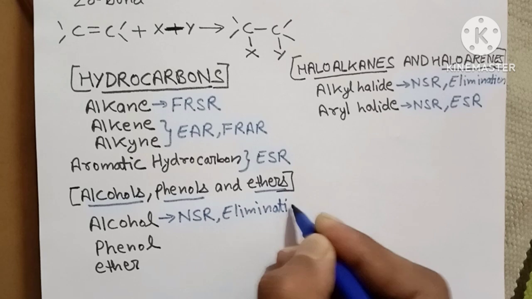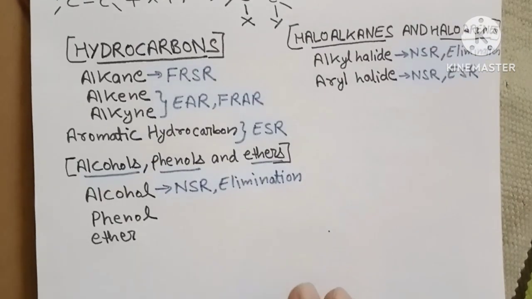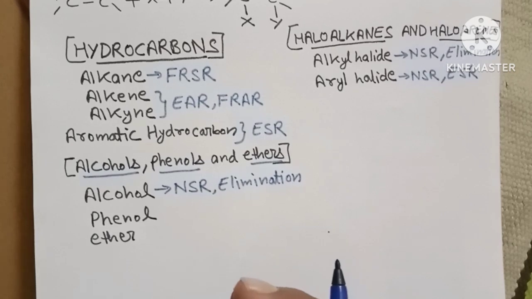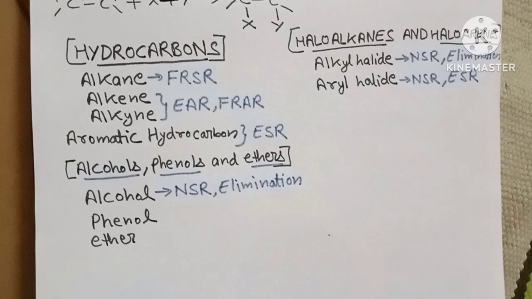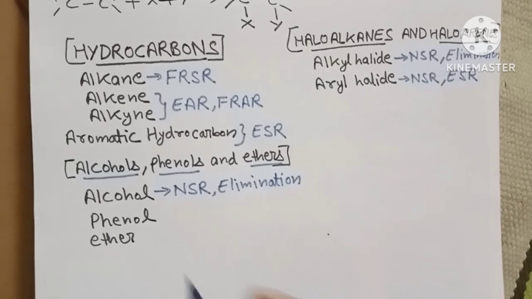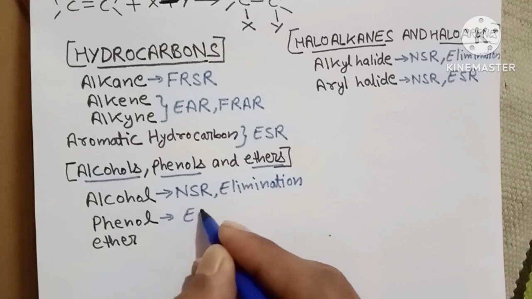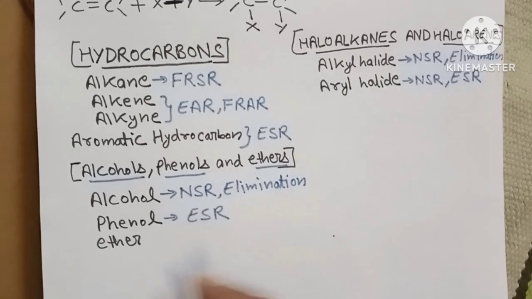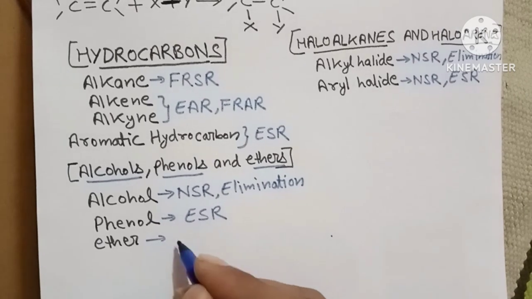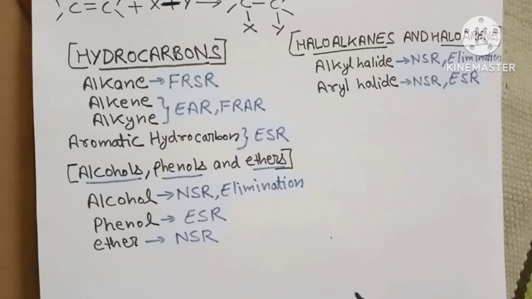So these two reactions will be shown by the alcohol, that is a nucleophilic substitution reaction and elimination reaction. Next, if we talk about phenol, then phenol is very simple. This is the ESR mechanism, electrophilic substitution reaction, and ethers will show the mechanism of NSR.